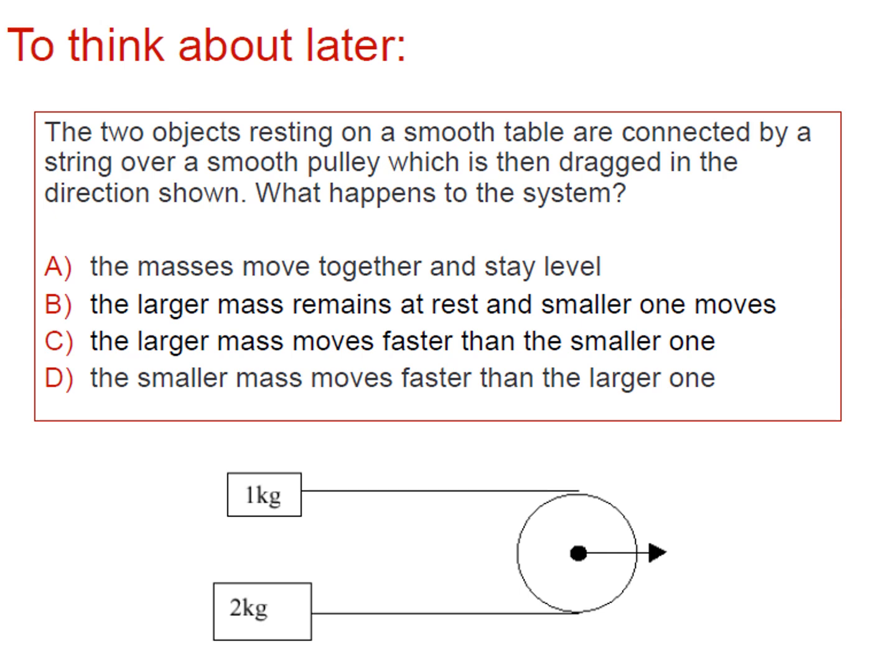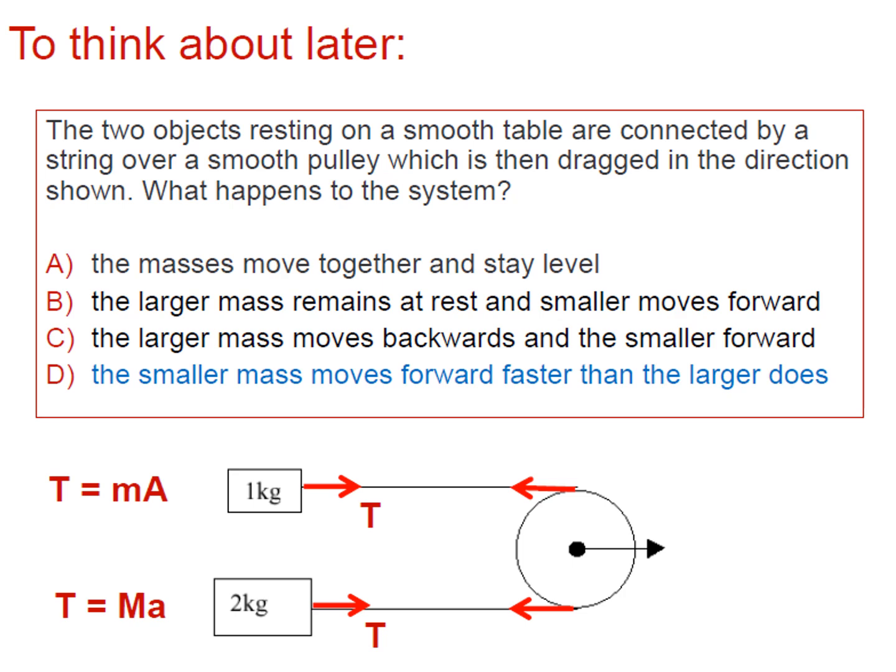This one's probably more obvious. Have a quick guess. And there we are. Did you guess correctly? The smaller mass will move faster forward because the mass is smaller. So obviously tension, which will be the same in each string, divided by mass, which is smaller. So let's say the tension was 10 newtons in both strings. I've put 5 now. Let's put 50 newtons in both strings.